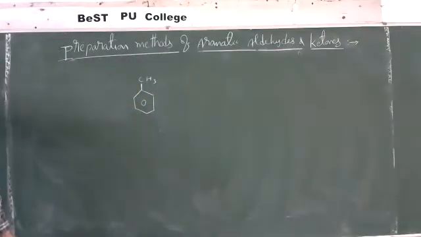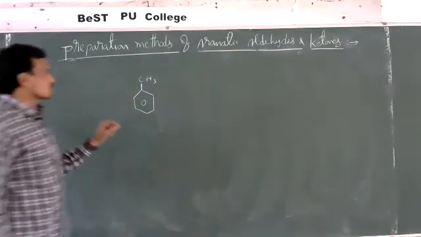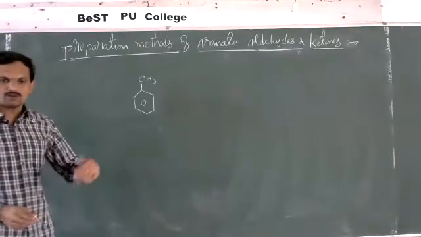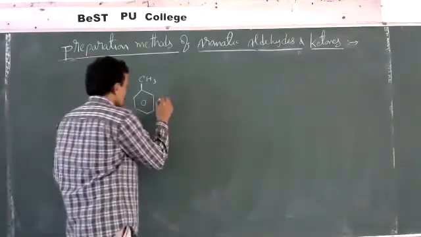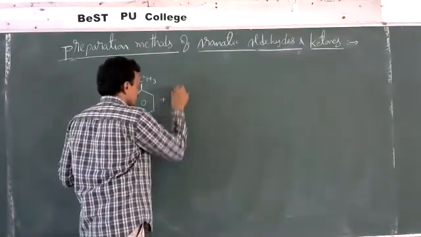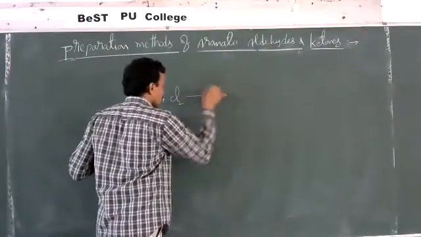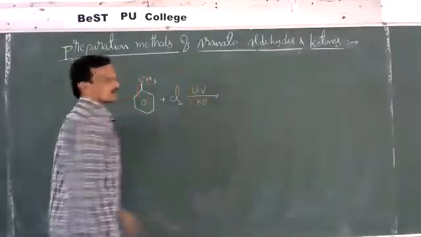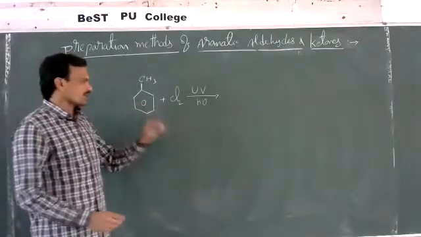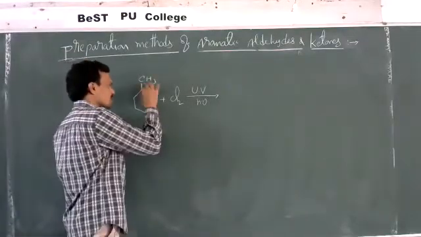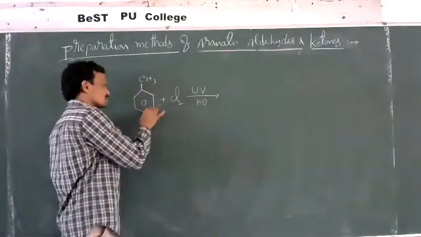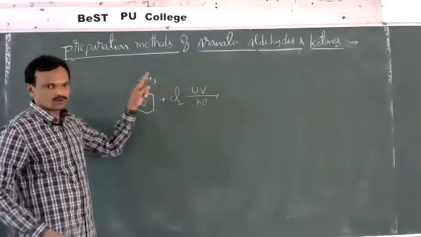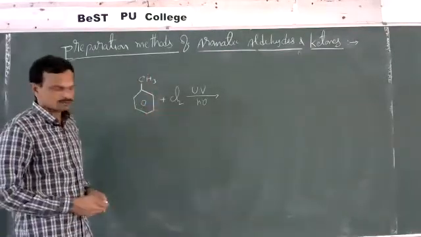So this third one is a side chain halogenation, followed by hydrolysis. In this, toluene is allowed to react with chlorine in the presence of sunlight. So that is side chain halogenation. See here, the benzene ring undergoes electrophilic substitution, whereas the alkyl group undergoes free radical substitution.